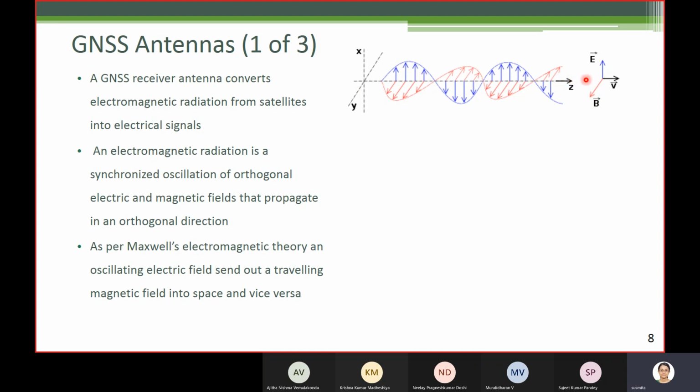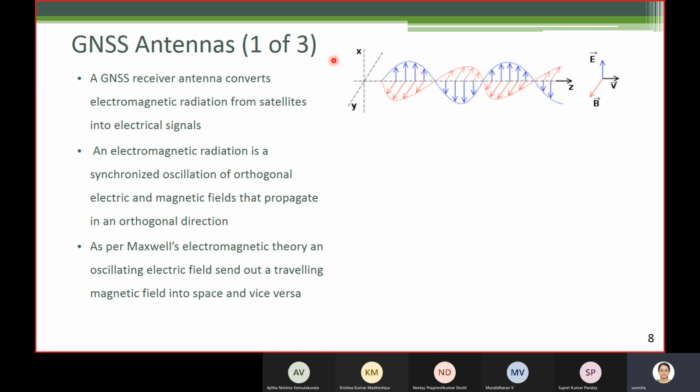Now, suppose the receiver is here, the observer is here. If the observer sees that the electric field is rotating clockwise, if the electric field rotates, magnetic field also has to rotate.